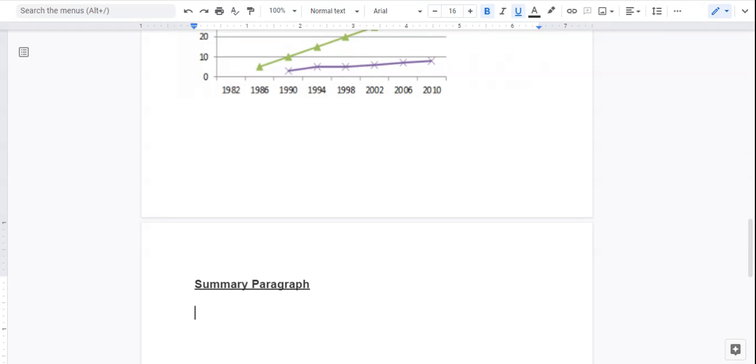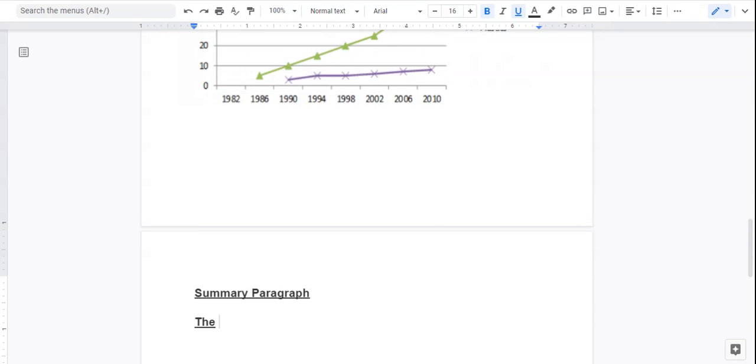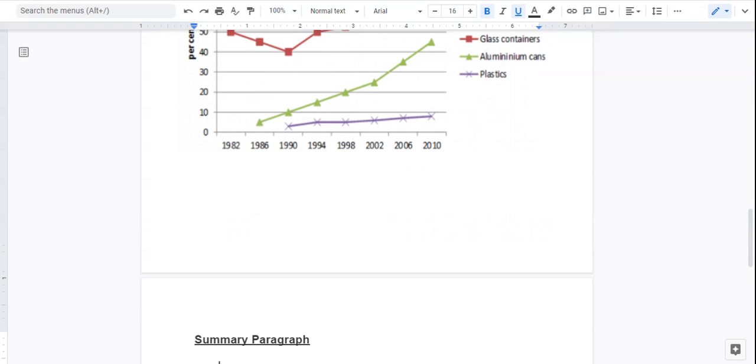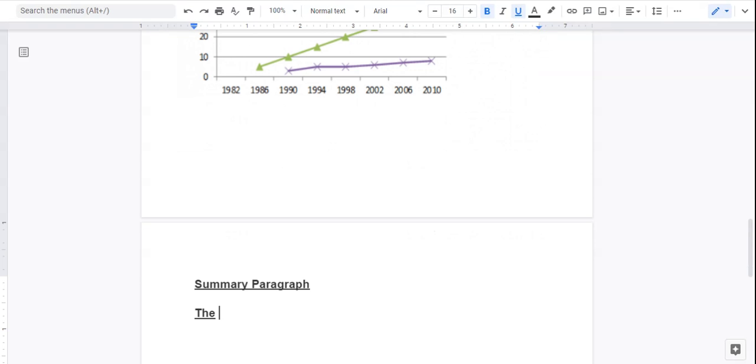So we've got just some ideas, and again, I'm just starting to write down some ideas. Recycling rate for selected materials. Let me go ahead and fix this so it's not underlining in bold.